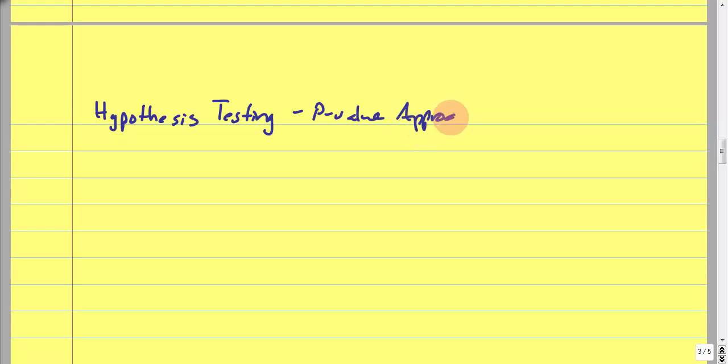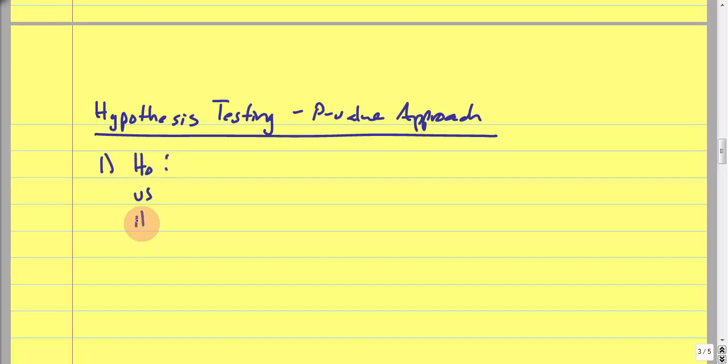Let's go ahead and look at hypothesis testing with the p-value approach as well. We're going to use our calculators to help us calculate our test statistic and everything. So our first step would be to state the null and the alternative hypothesis. Again, we're using rho equals 0 versus rho not equal to 0.